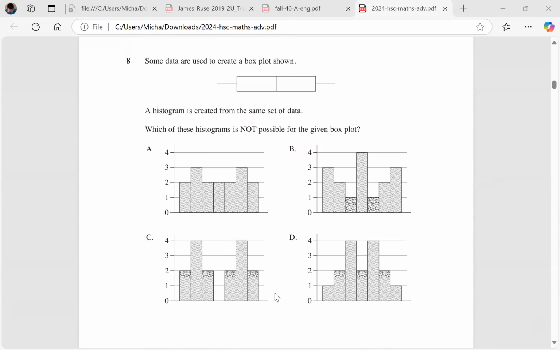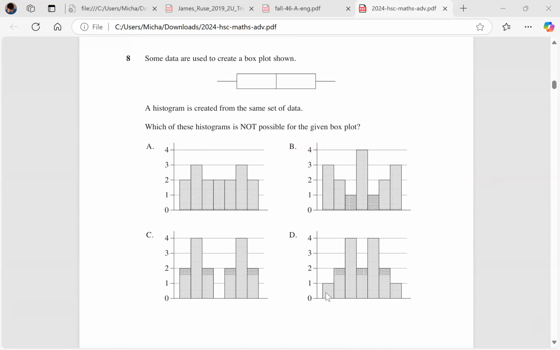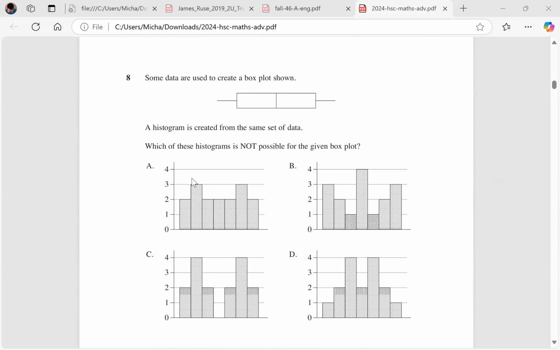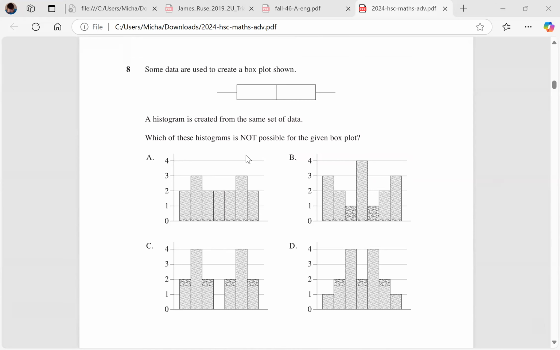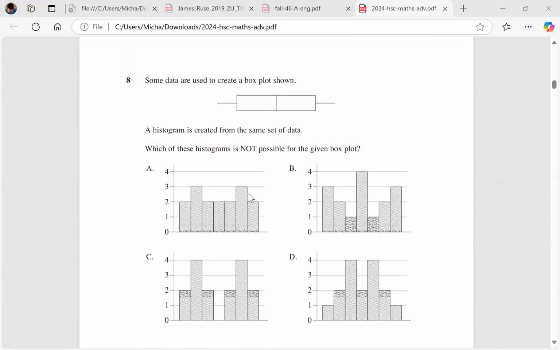So C looks pretty funny. So does D. Wait, I'm kind of looking. I don't know, if I was in the test, I'd probably just skip this question and come back later.